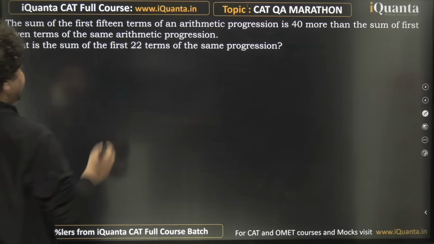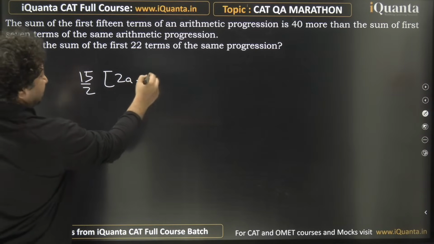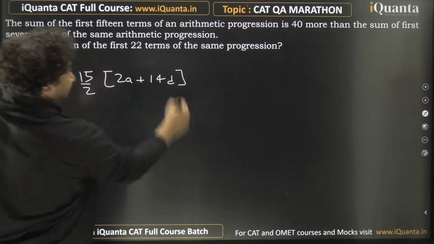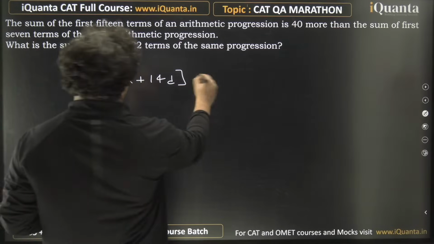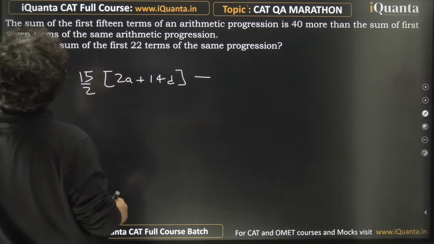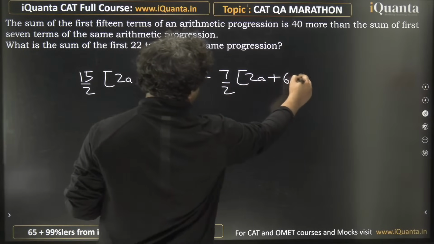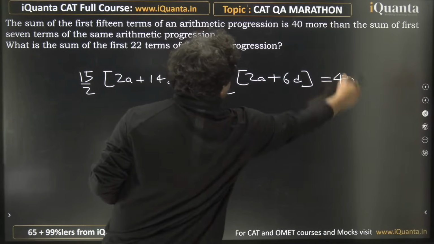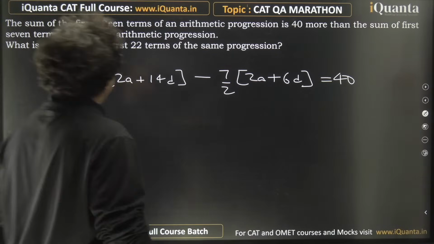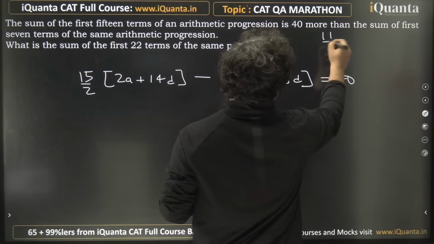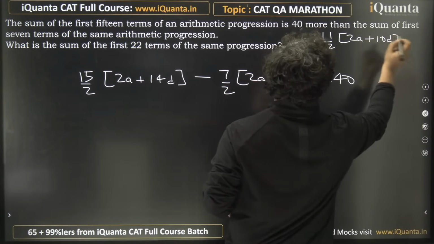So first 15 terms: 15 by 2, 2a plus 14d, because you don't know the first term and the difference. This is what is given in the question. And we need to find the sum of the first 22 terms, that is, we need to find 11 by 2 times 2a plus 10d.